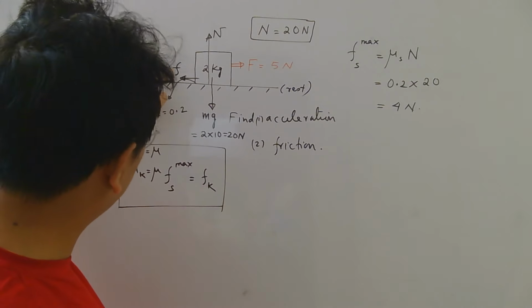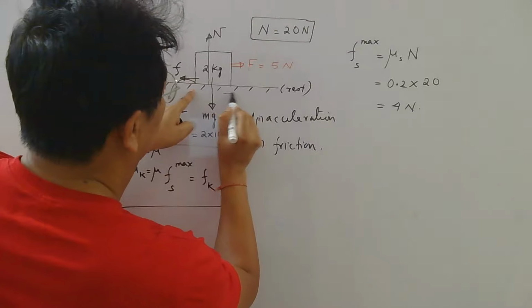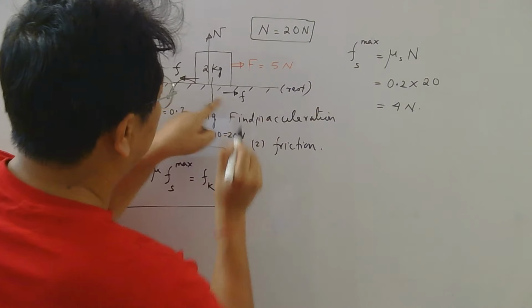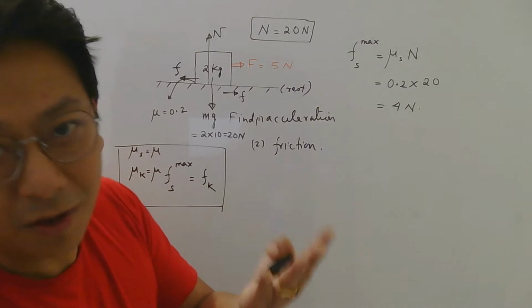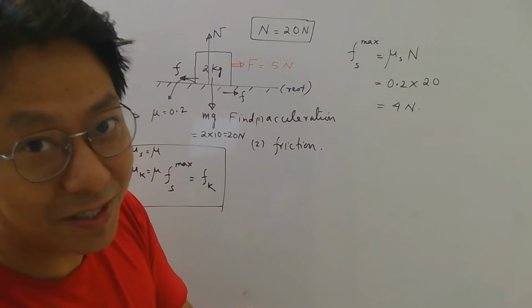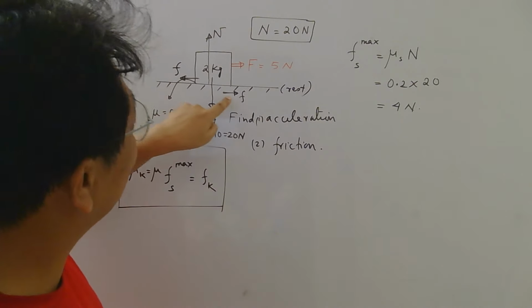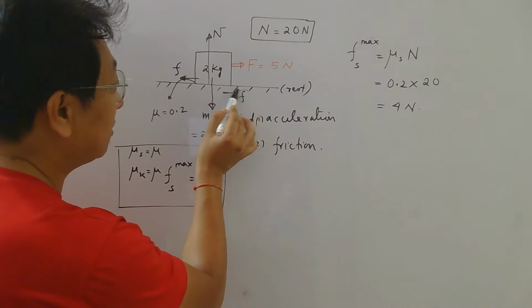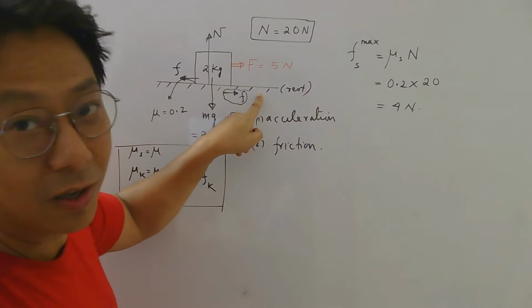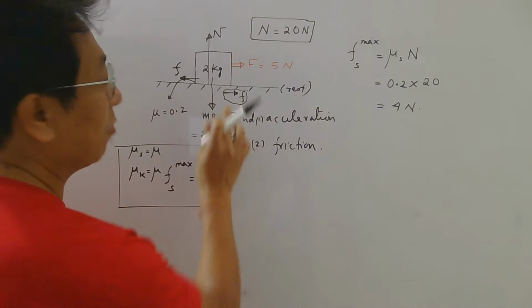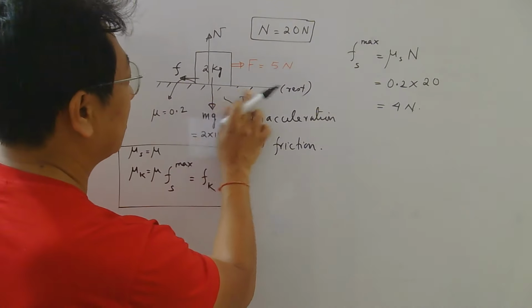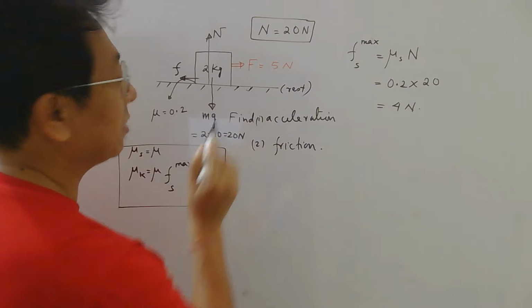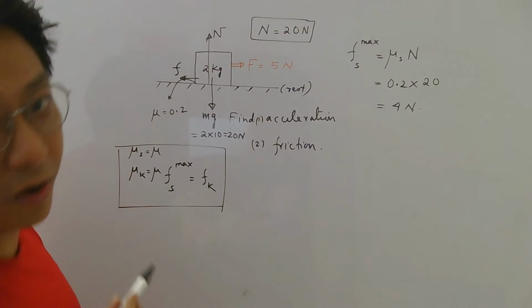Of course, reaction of that friction will act on the lower surface. This is the reaction of this, because forces always come in pairs, remember. So for every action there should be reaction. But remember, this reaction is acting on the lower surface, which is not our system right now. So forget about this. Our system right now is this 2 kg block, right?